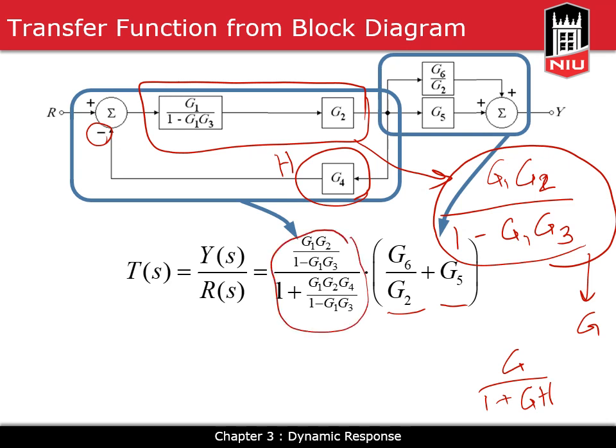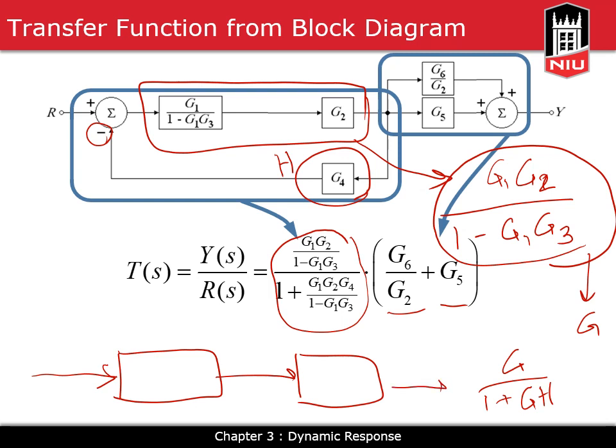The result is multiplication of the equivalent of that feedback loop and the equivalent of the parallel blocks on the right, because after we do those simplifications, we're going to have two blocks, first one, second one. The transfer function of this first one is here.